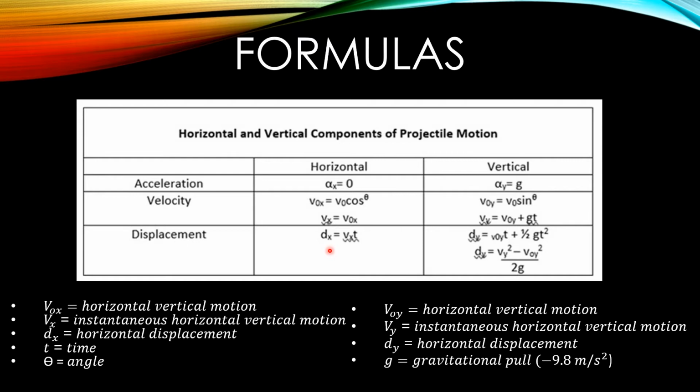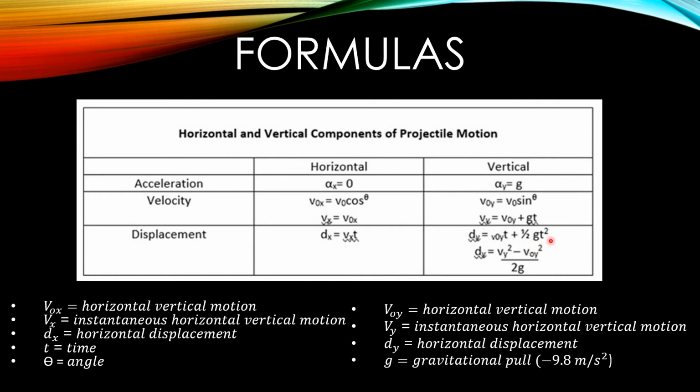We have the formula for the horizontal displacement. Horizontal displacement is equal to instantaneous horizontal velocity times time. For the vertical component, we have vertical displacement is equal to initial vertical velocity times time plus 1/2 times the gravitational pull times time squared.